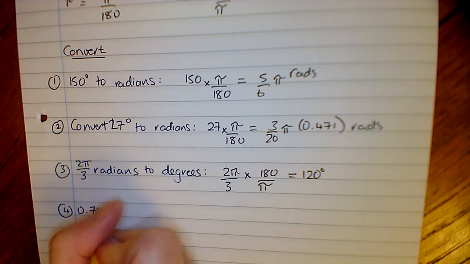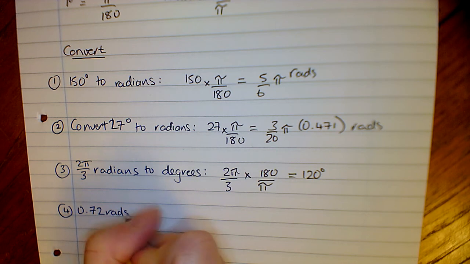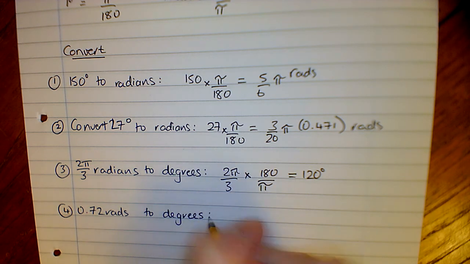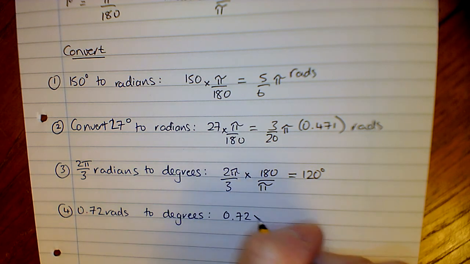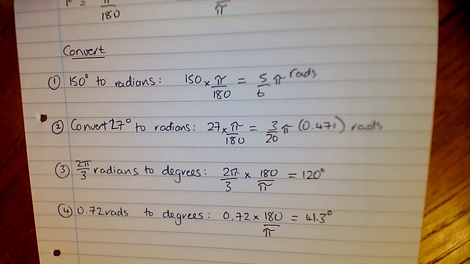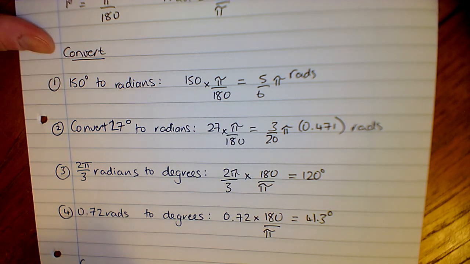Convert 0.72 radians to degrees. So that's 0.72 times 180 over pi, and that gives us 41.3 degrees.